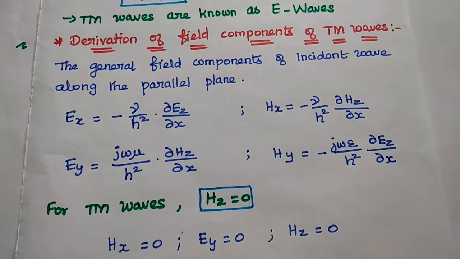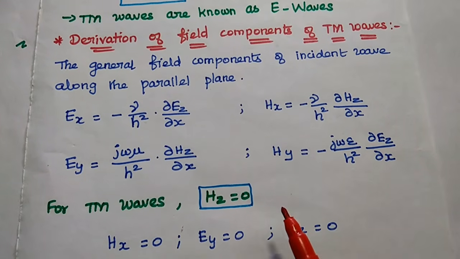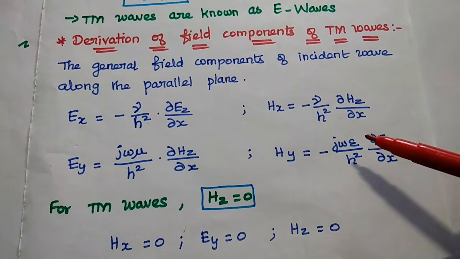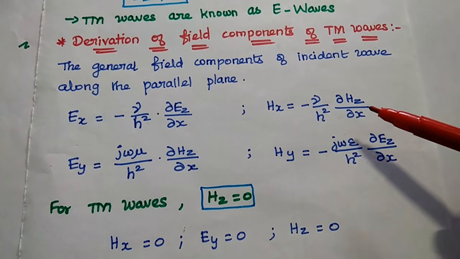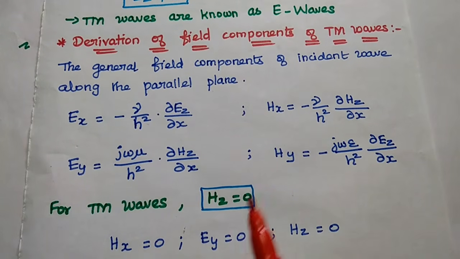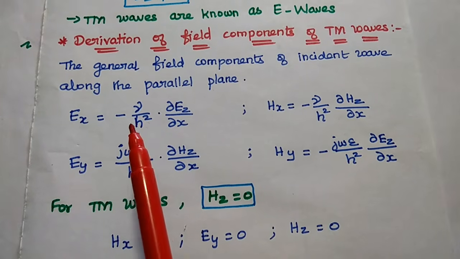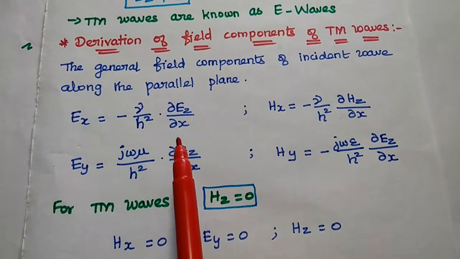Here we can consider the general field components of an incident wave along the parallel plane. We have already derived these field components, so you have to remember all these four general field components. Ex is equal to minus gamma by h squared dou Ez by dou x.